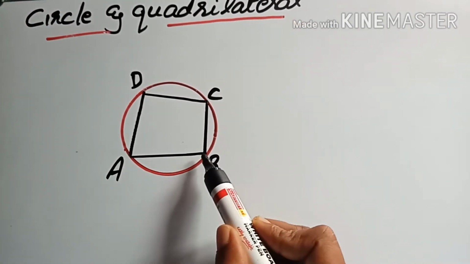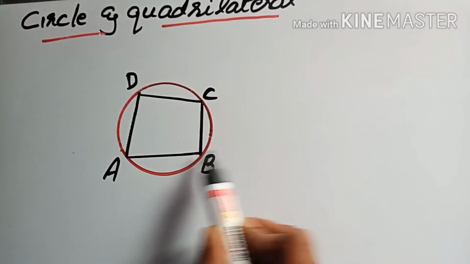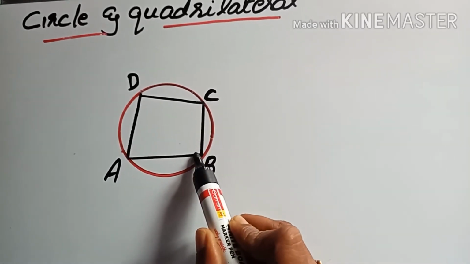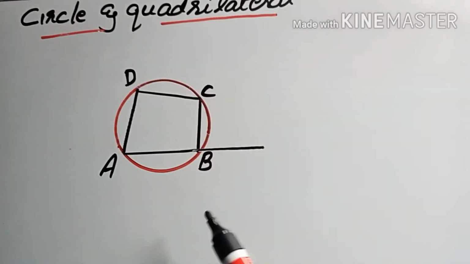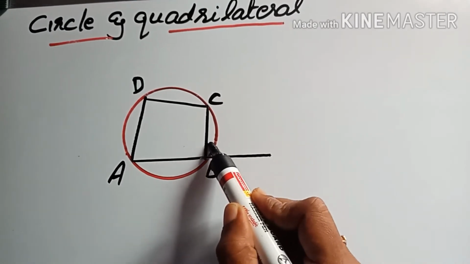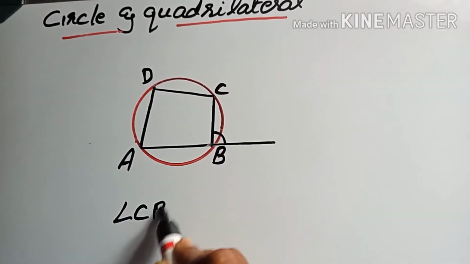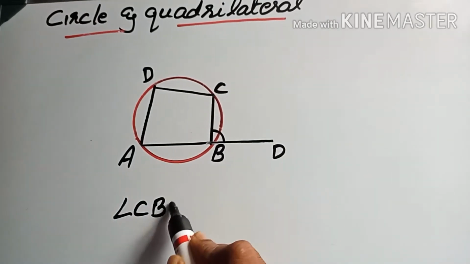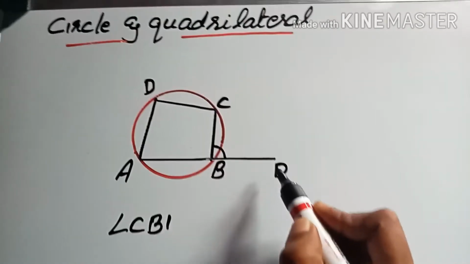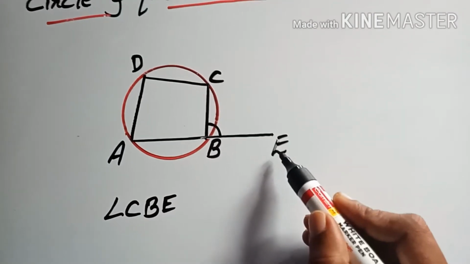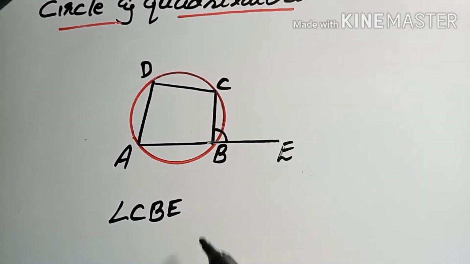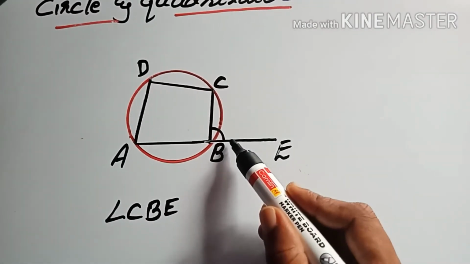Let's extend from B, then we will get one outer angle. Let's mark this point as E. Now angle CBE is the outer angle.